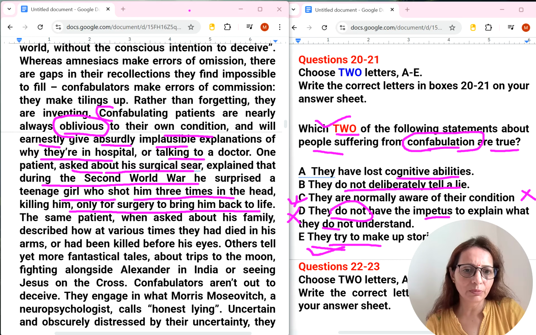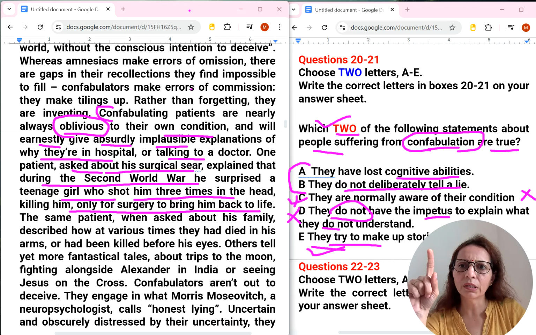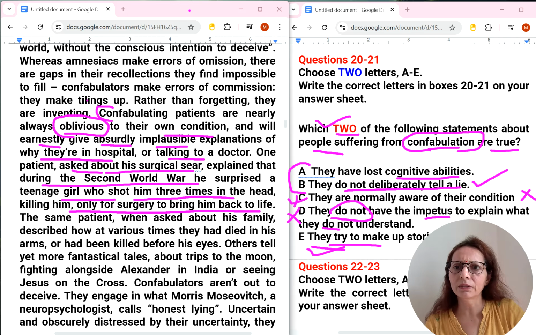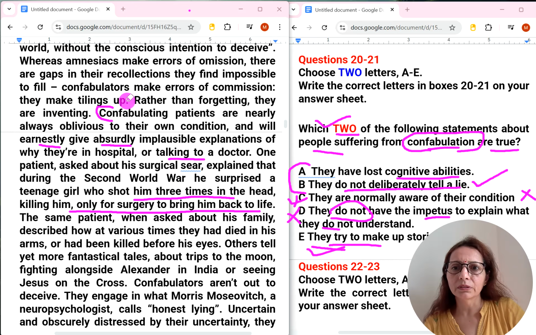They try to make up stories, and out of A and B they have lost cognitive abilities. So in earlier lines they were saying cognitive abilities they have. They do not deliberately tell a lie. We can mark it. See this, there are gaps in their recollection they find impossible to fill. And when they were talking about the lady, just a minute.